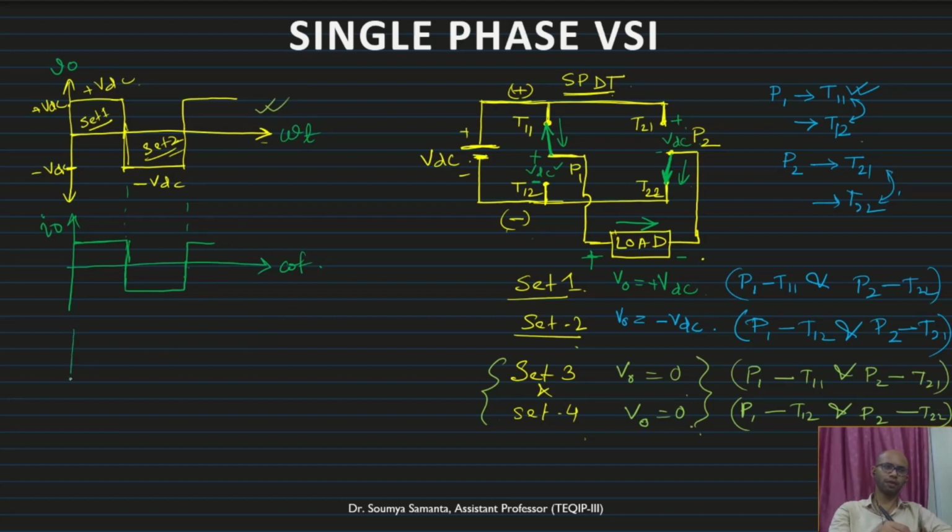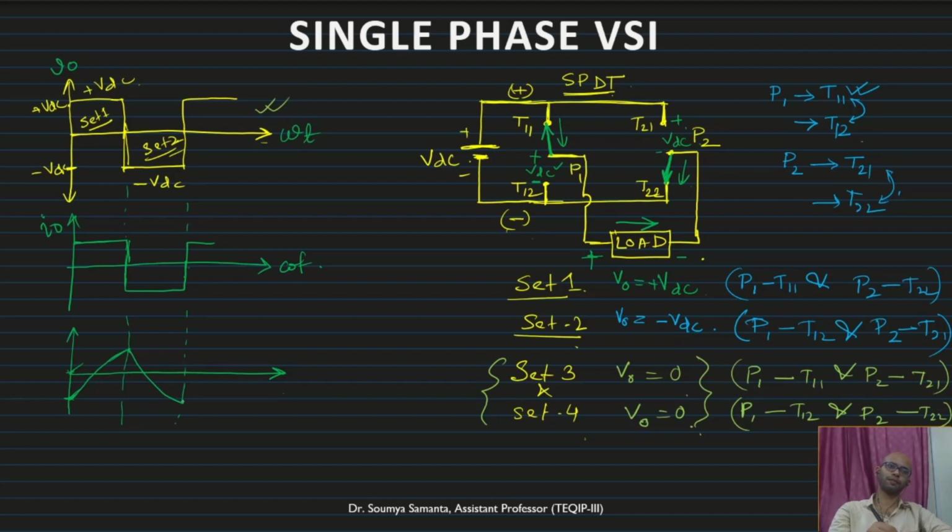Now if the load is highly inductive in nature, or an RL load with inductive dominance, then what will we get? The load current will be, suppose it has some initial condition, or it may start from 0 or from a negative value to some positive value.